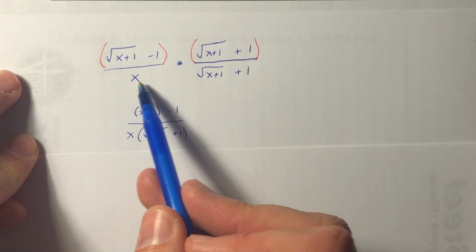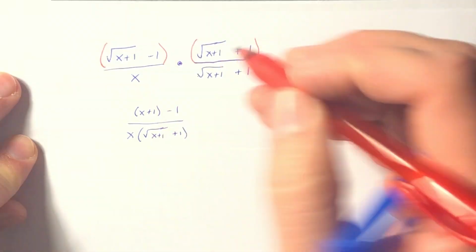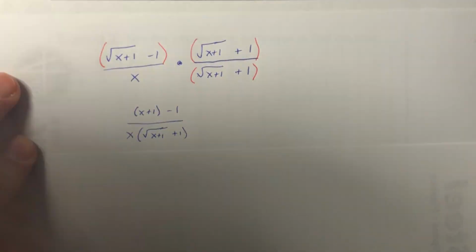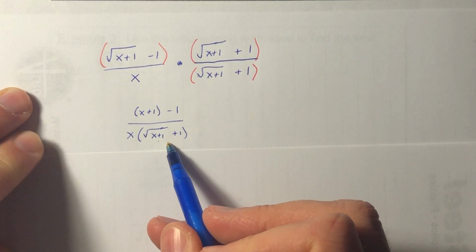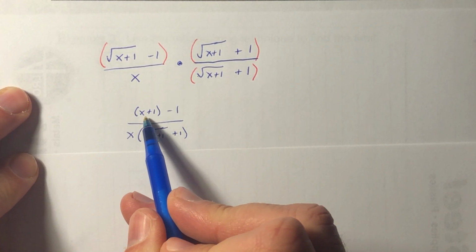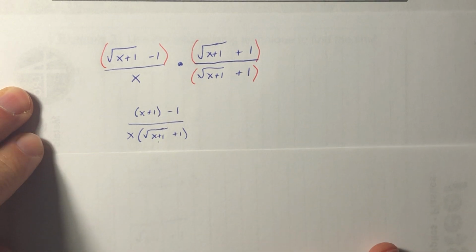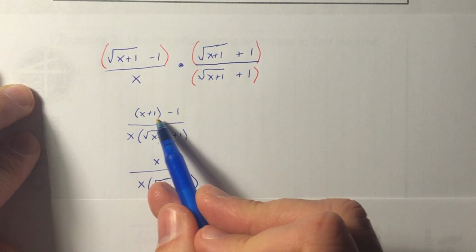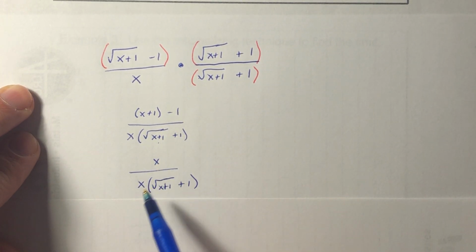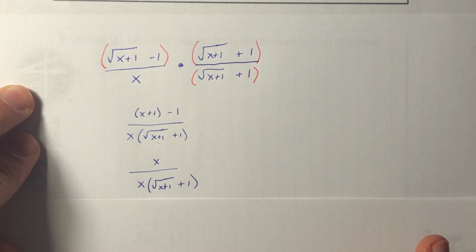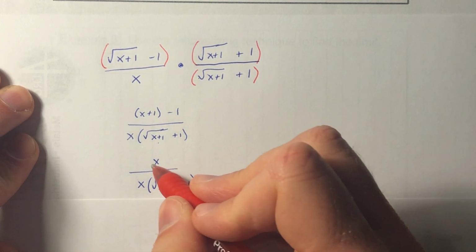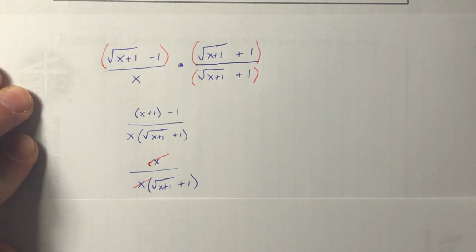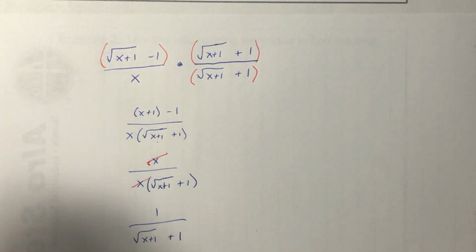Now, down below, we're not actually going to multiply. Okay, we're just going to leave that x times that denominator, and you'll see why here in a second. So up top, we can take the parentheses away. That 1 minus 1 is going to be 0, so you're just left with x. So this is why we did not actually multiply down below, because these guys take care of each other. So you're left with 1 over the square root of x plus 1 plus 1.